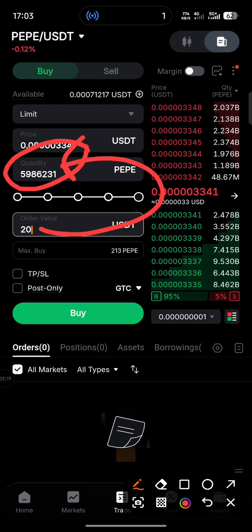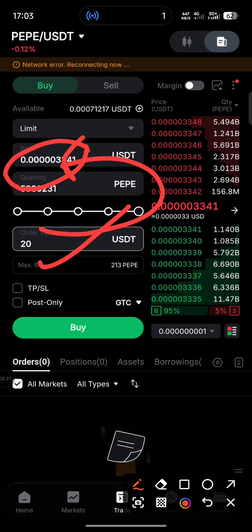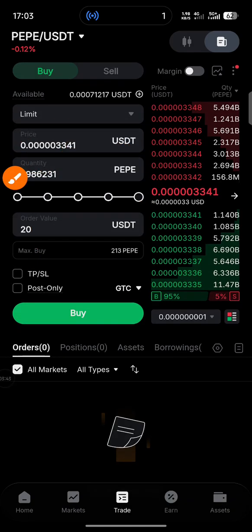The next thing you need to proceed to is to set your take profit and stop loss. Coming to this take profit and stop loss, we're going to click on it carefully in order to set them up.